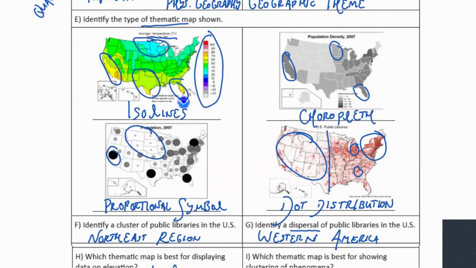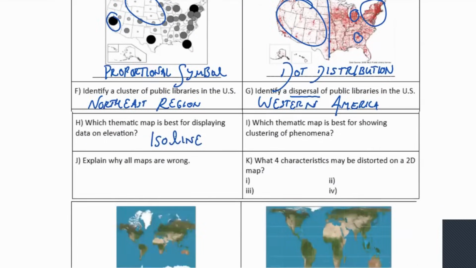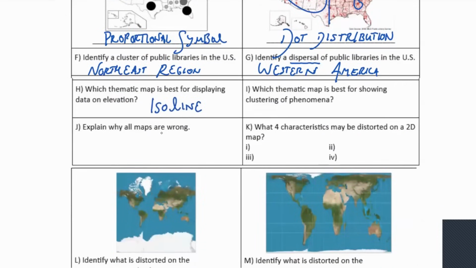You can go 1, 2, 3, 4, 5, 6 feet, or you can go 100 feet, 200 feet, 300 feet, and it'll connect different points across the United States together, particularly because different states have different elevations. Like the elevation points across Florida are relatively different from one another. So if you're closer to the coast, you're closer to sea level, but once you get more mainland, you can actually get a little bit below sea level, you can get above sea level, that sort of thing. And so isoline, I think, is the best map for displaying elevation here.